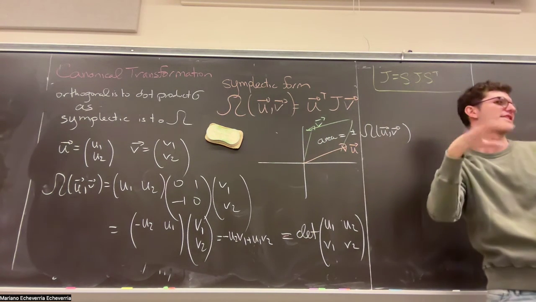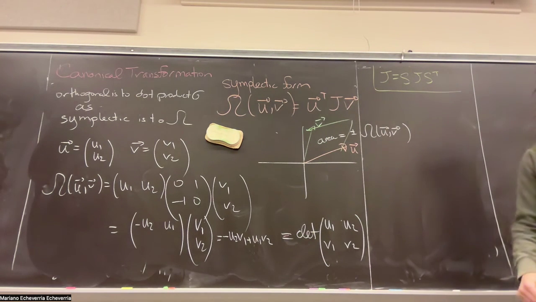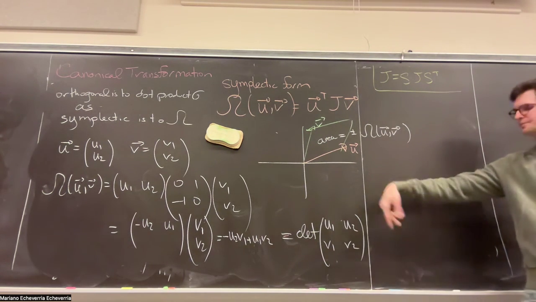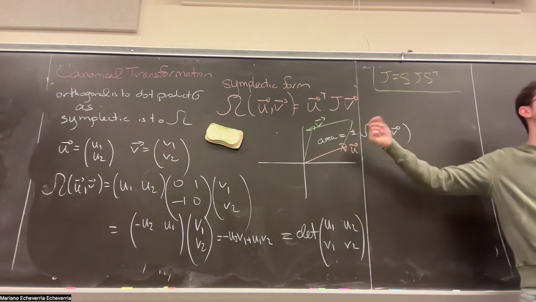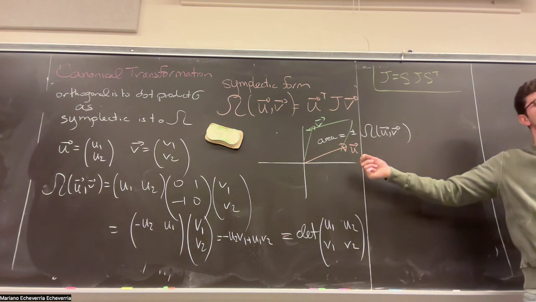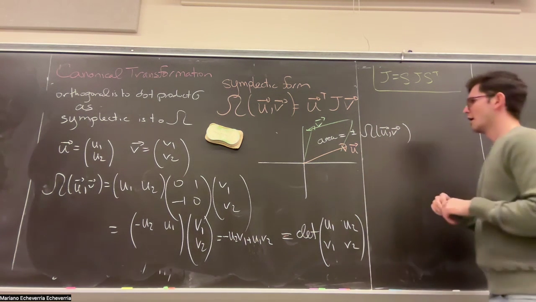So it's kind of like the way it worked before, but this is more closely related. The symplectic matrices are essentially the matrices that preserve areas of parallelograms, if you think about it.